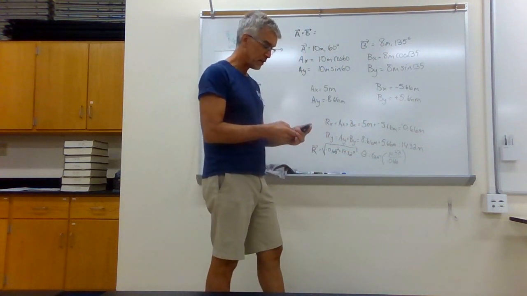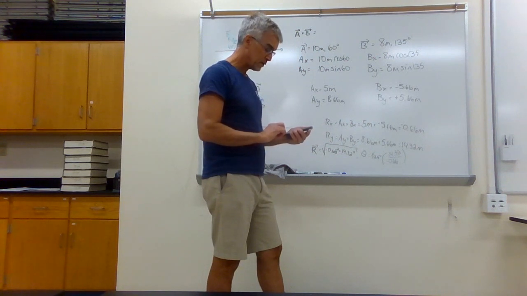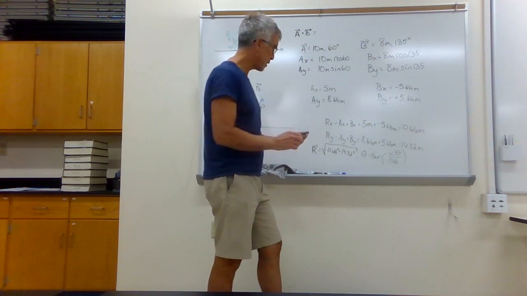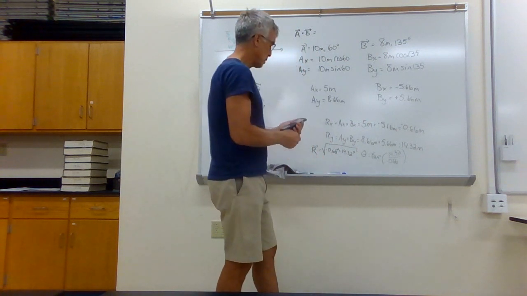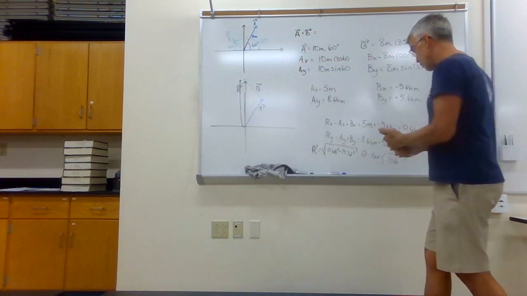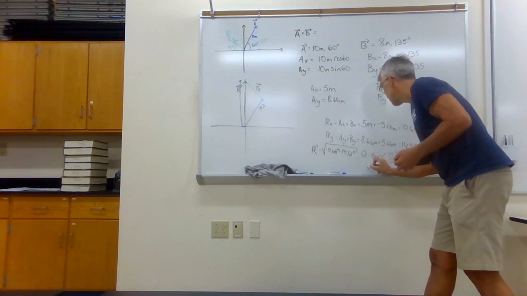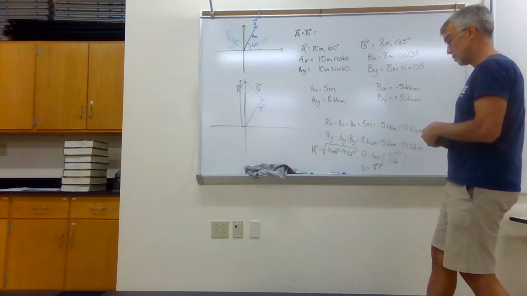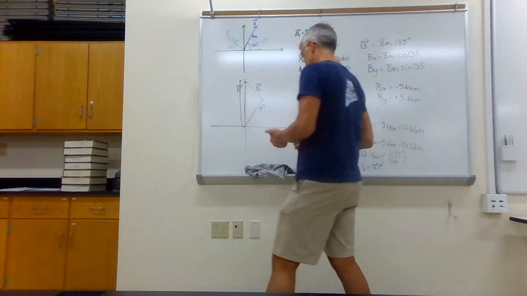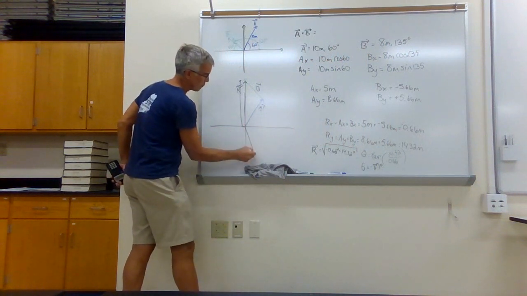I'm going to do the inverse tangent of 14.32 divided by negative 0.66. This is giving me an angle of about negative 87 degrees, which would be down here somewhere.